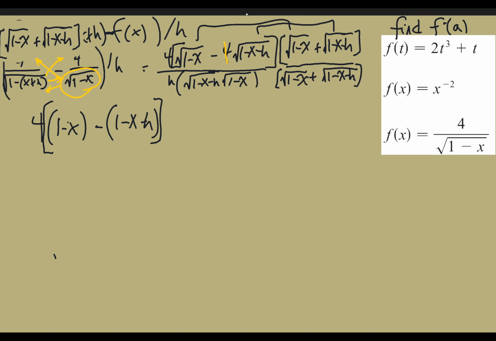So you'll notice that a lot of these are going to cancel because you get a minus 1 and a plus 1 and a minus x and a plus x. So we're going to get a 4h on top. And that means 4h over h times rad 1 minus x minus h times rad.